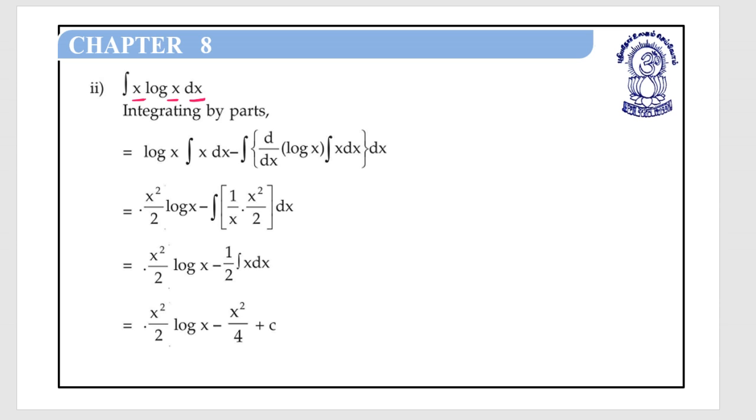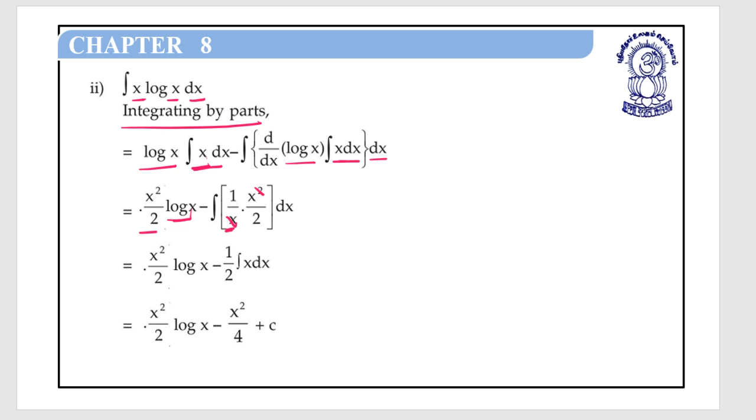Integration of x into log x dx. Now integrating by parts, log x as it is, integration of x dx minus integration of d by dx of log x into integration of x dx. So here log x as it is, integration of x is x square by 2 minus integration, in the bracket d by dx of log x is 1 by x, integration of x dx is x square by 2, dx.